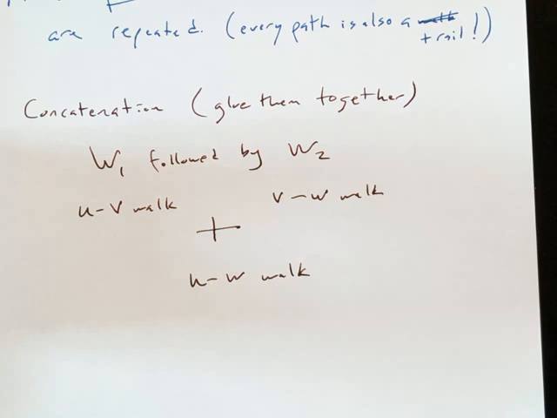If I concatenate them, I may end up overlapping an edge or overlapping a vertex. So the only thing I can be sure of is that when you add paths, you get a walk. When you add trails, you get a walk. You might get lucky and get a path or a trail again, but you don't know. So again, stealing from my abstract language and my discrete language, this is not a closed operation. Those of you who haven't gotten there in abstract, we will soon.